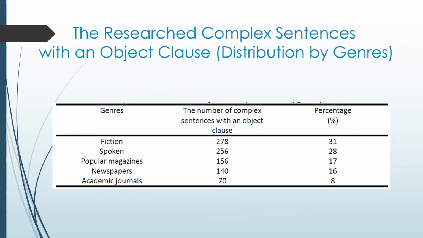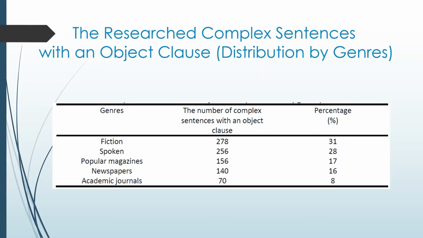Part of our research was to perform frequency analysis of the researched English complex sentences with an object clause. From the Corpus of Contemporary American English, 900 English complex sentences with an object clause have been selected. And as I mentioned before, all of them were subdivided into 5 genres: fiction, spoken, popular magazines, newspaper, and academic journals.